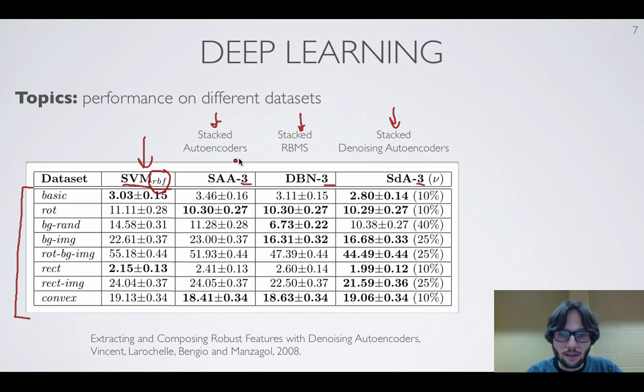We see also that autoencoders tend to perform less well than either RBMs or denoising autoencoders. And RBMs and denoising autoencoders tend to do about as well. So sometimes the pre-training with RBM works better than denoising, and sometimes it's the other way around. And so in practice, we do observe that they tend to be somewhat equivalent in terms of performance.